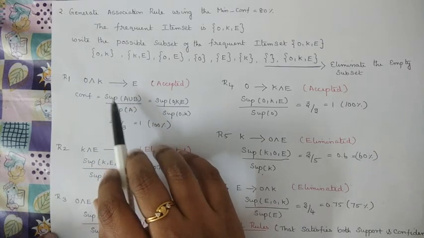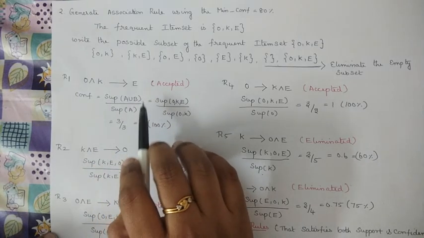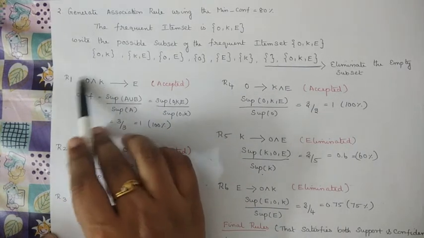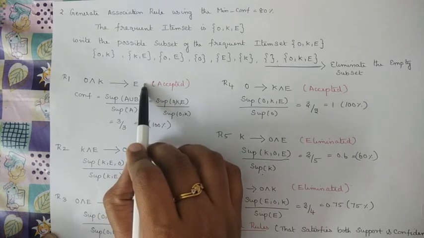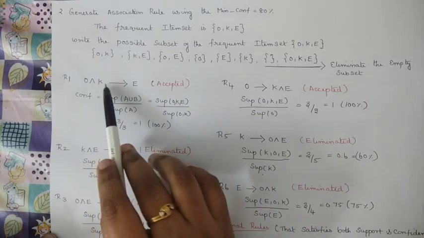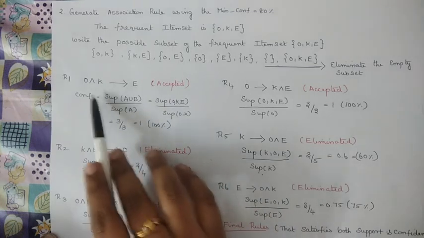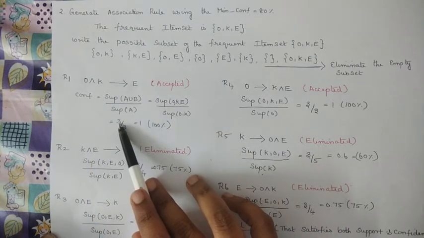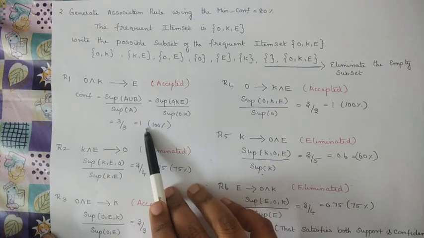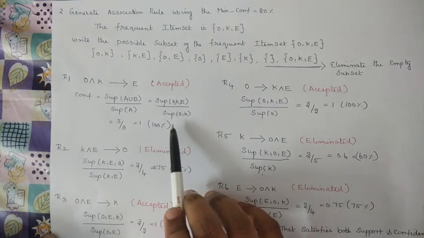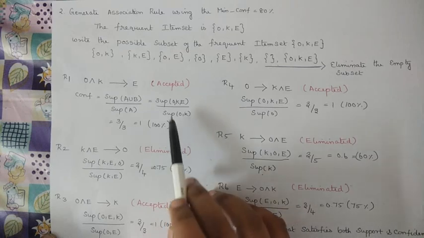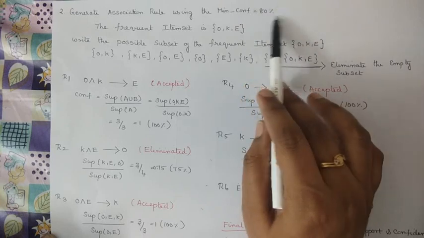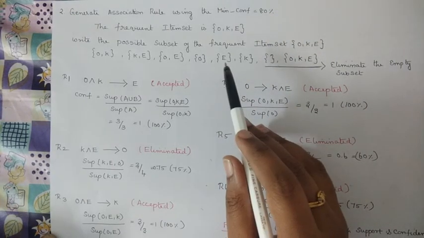You know the confidence formula: support of A union B divided by support of A. Here this will be your A and this will be your B. So support of OKE divided by support of OK. Taking the count of these two, that is 3 divided by 3, which equals 1, that is 100%. Comparing this with my minimum confidence value of 80, this is more than the minimum confidence, so this rule is accepted.